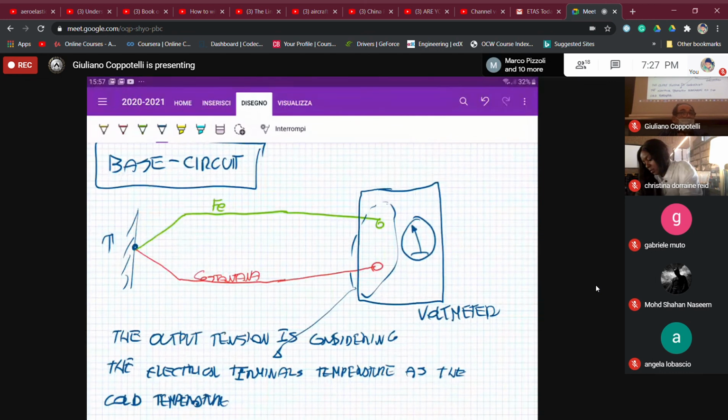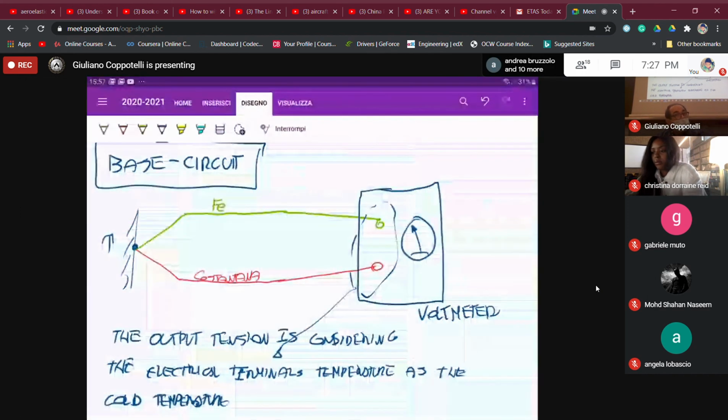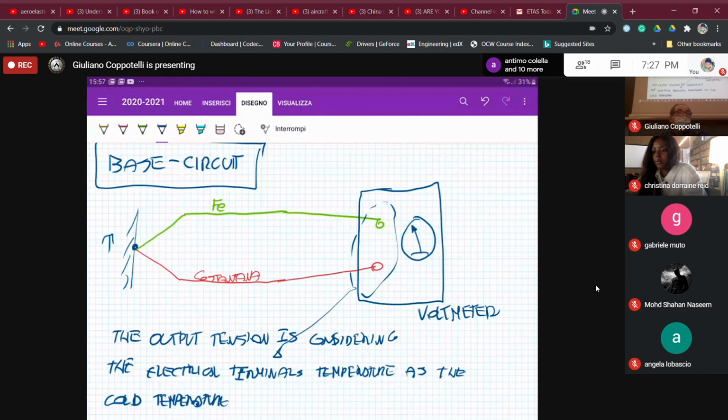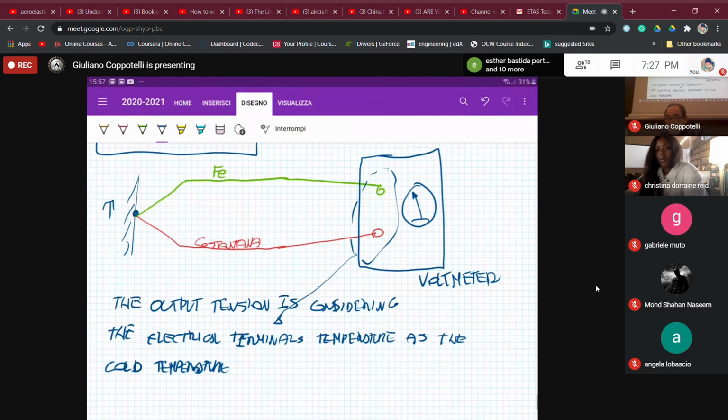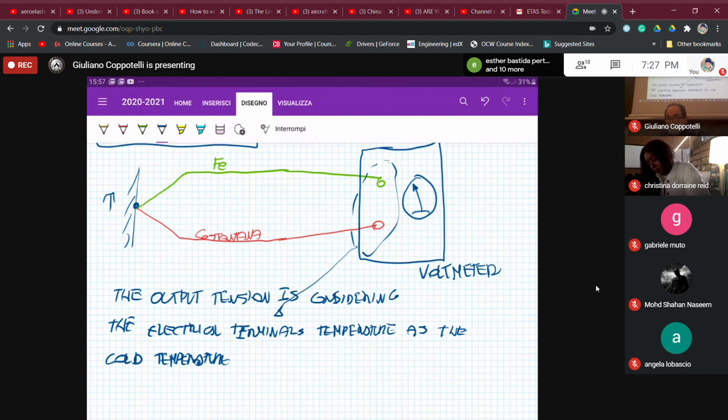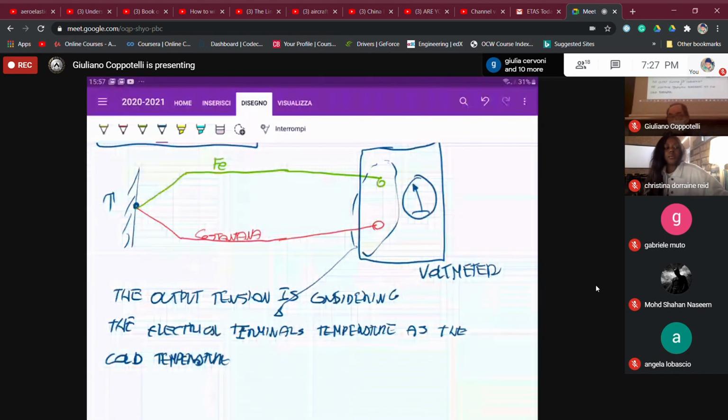So you need to have information of such electrical terminals' temperature. In order to do that, you can use, for example, a resistive-based thermometer, a thermistor. You can have information by using a different transducer. Once you know that output tension, then you can refer to the tables, as we already did, in order to estimate the temperature.